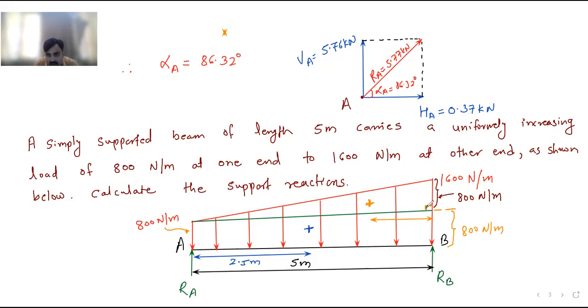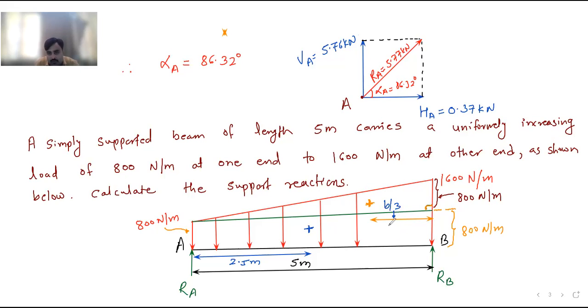The right angle is on this side. I will write the formula here also. So this distance is B by 3.